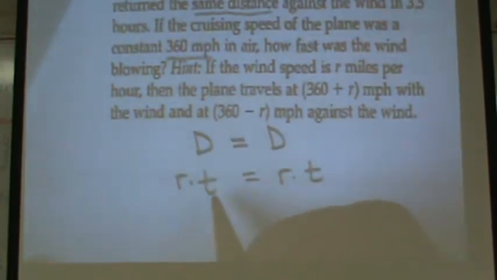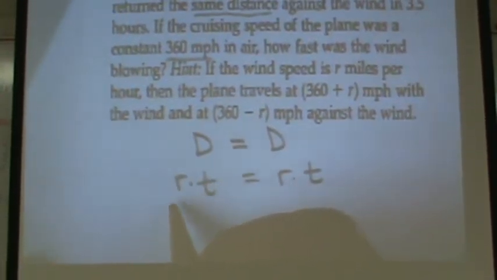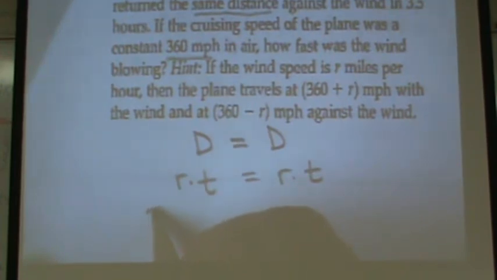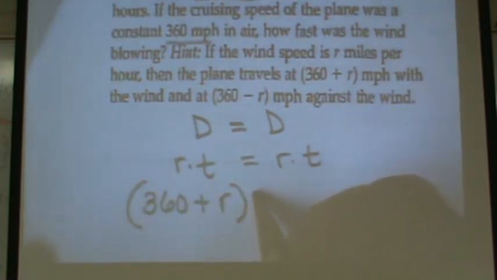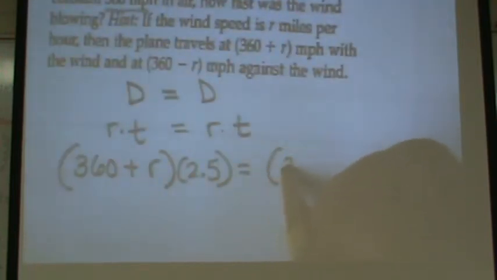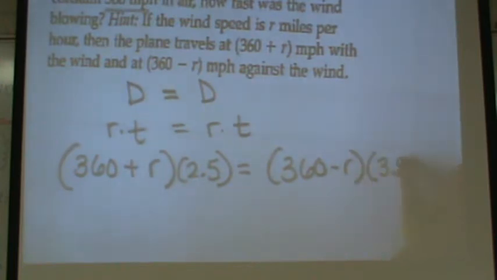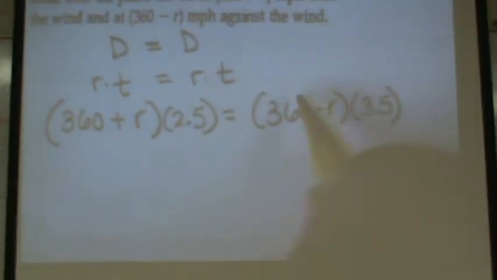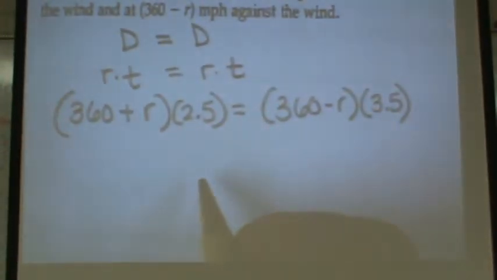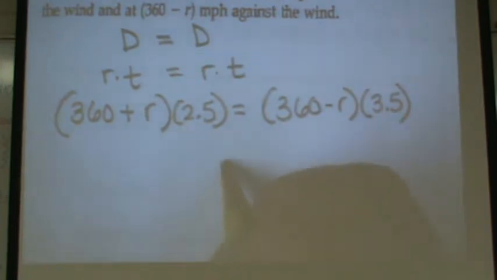So with the wind is going to be 360 plus R, and it's going to take 2.5 hours. And against the wind is 360 minus R, and that takes a little longer. Now what you could do is distribute. You're going to simplify this one, and you're going to solve for R. R is going to end up being 60 miles per hour.